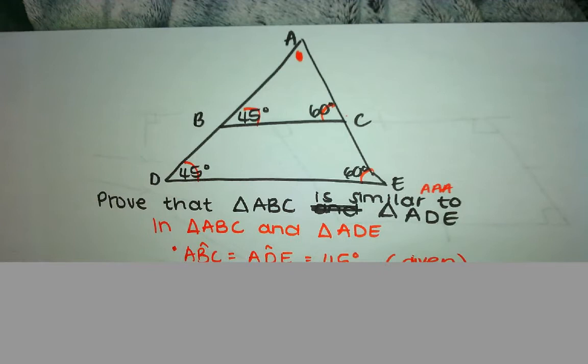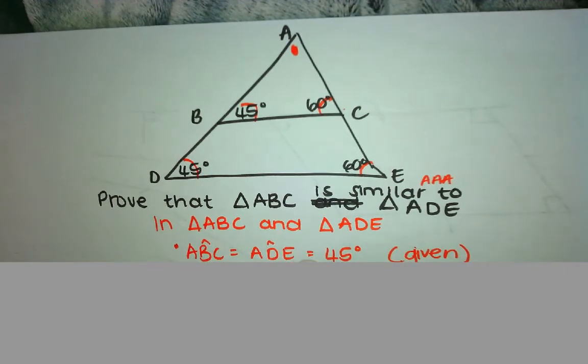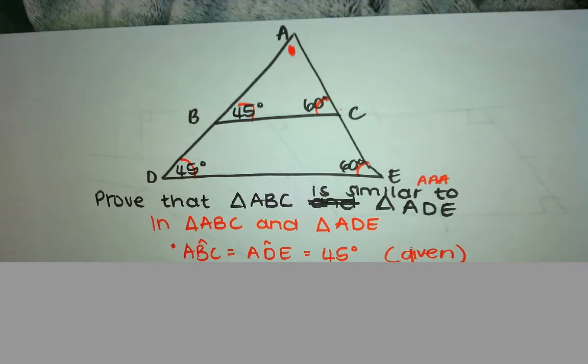And the same thing here, we've got angle ADE, and the hat on D because that's the angle, and they are both equal to 45 degrees. The reason is given because they told it to us, right? The same thing with the next step. It's also pretty easy. So rather do all the things that they've given you straight away, because then you don't have to really look for much else.